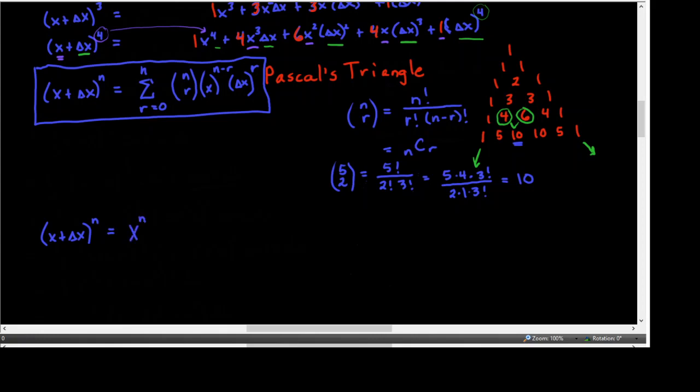X to the nth plus n x, whoops, forgot to write the n x to the n minus 1 times delta x plus n times n minus 1 over 2 x to the n minus 2 delta x squared, etc. So plus dot dot dot means keep going in the same pattern until the very last one is delta x to the nth.